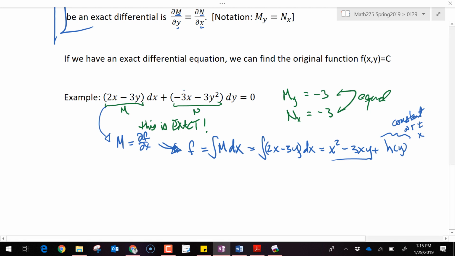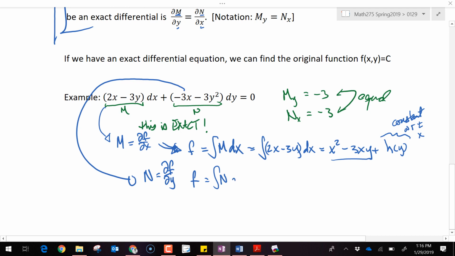Now, this other N, this other function, was obtained by taking the derivative of the original function with respect to y. And so again, we're going to try to recover that original function by taking the integral with respect to y.